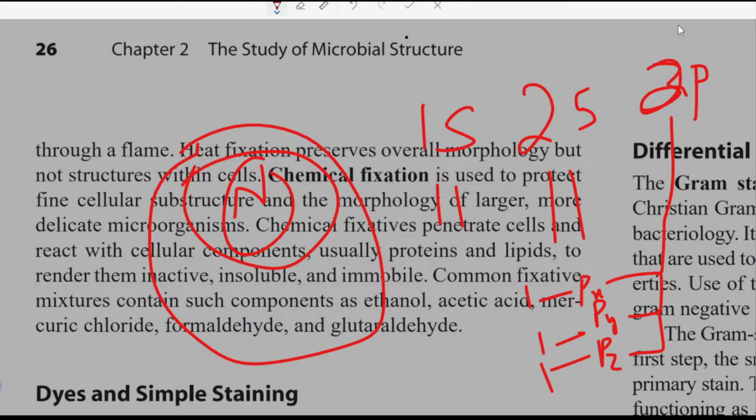The 2p has a total of 3 electrons. So in total 5, 6, 7. The nitrogen has a total of 7 electrons, right? That's the nitrogen. And after nitrogen, oxygen comes and it has a total of 8 electrons.